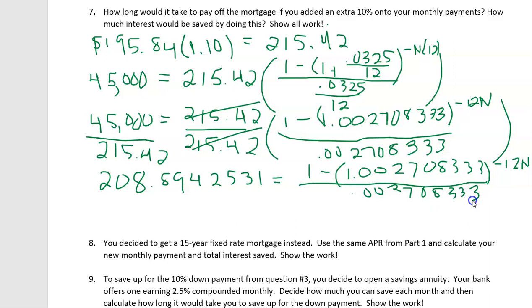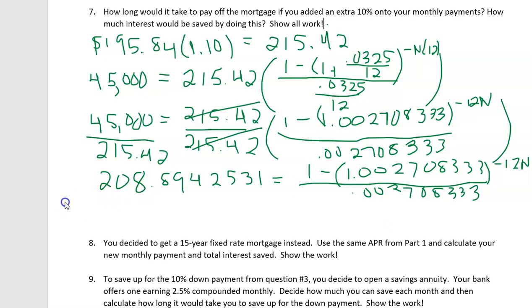All right, now the next thing we want to do to solve here is get rid of this number that's in the denominator. And to get rid of something that's in the denominator, we multiply it on both sides. So I'm going to multiply my left side by 0.00270833, and then I'll multiply the right side by that 0.00270833.